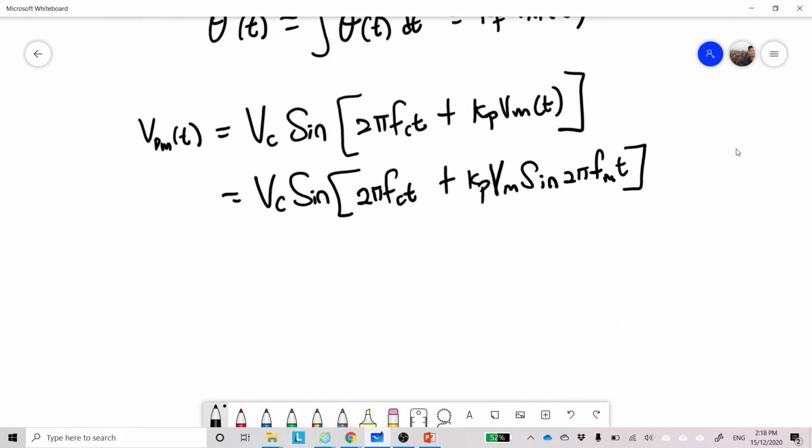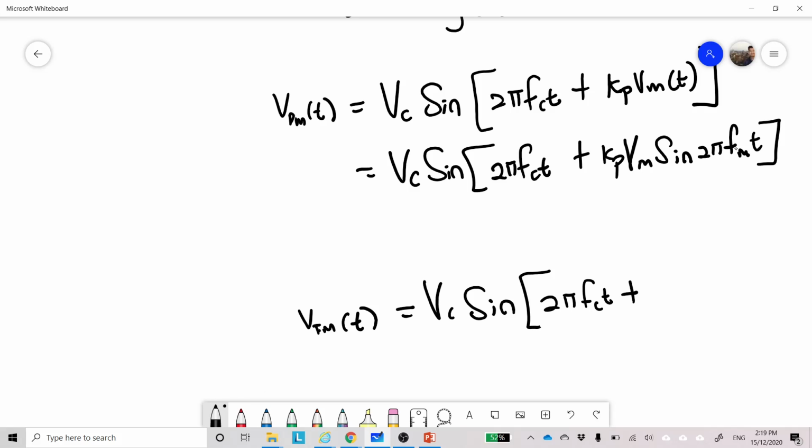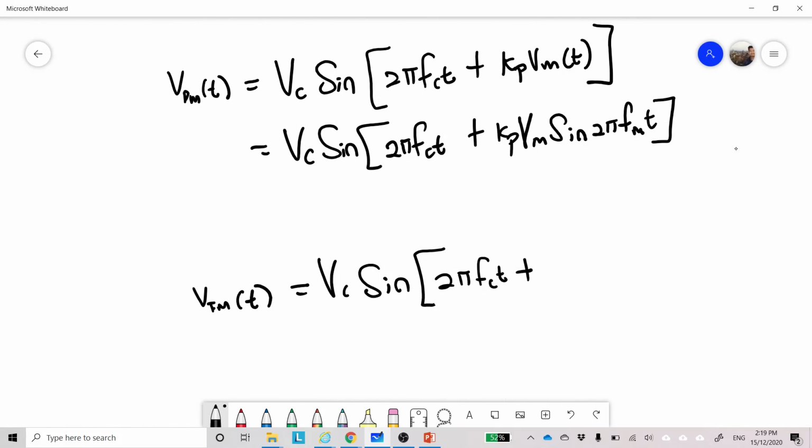And then untuk VFMT, okay, VFMT kita juga telah melihat VFMT bersamaan dengan VC sin 2 pi FCT plus KF kamiran theta prime T dt.